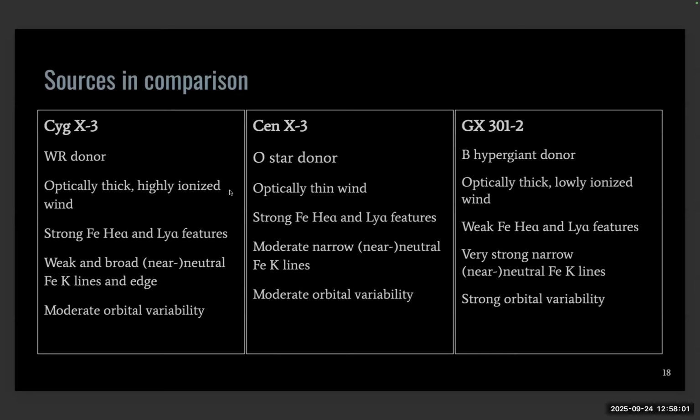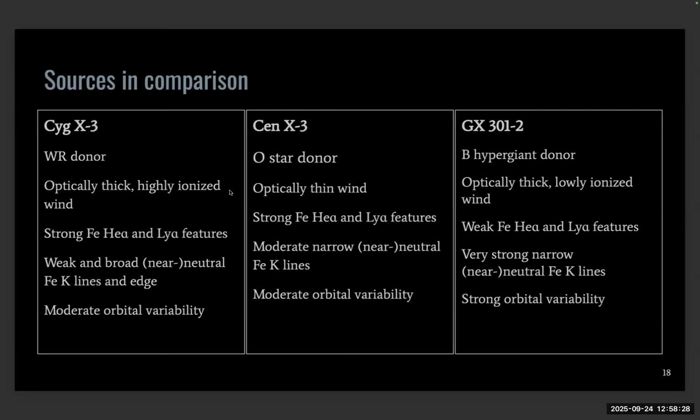The orbits are very different. Cyg X-3 really is basically always inside the stellar wind shell of this Wolf-Rayet star, and GX 301-2 basically only dips into this close to the periastron.